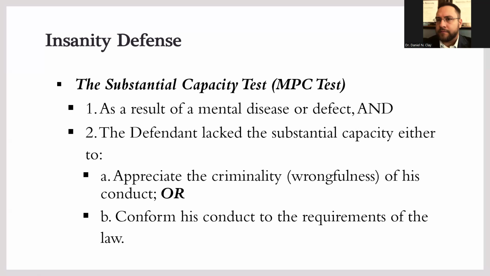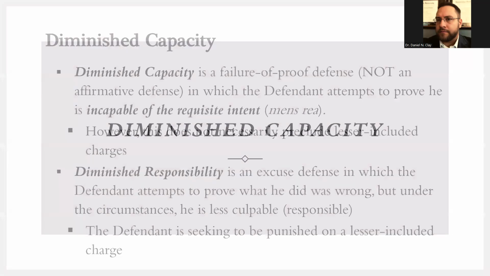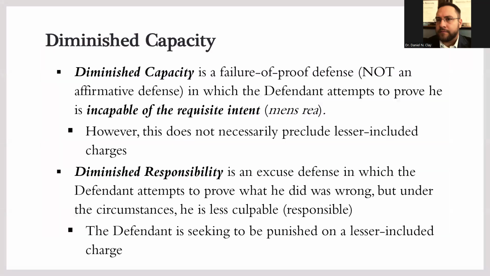Now, that being said, what if they can't meet the full test of insanity? Well, if you can't say that they're fully insane, you might be able to raise an imperfect defense of diminished capacity. So diminished capacity is a failure-proof defense. It's not an affirmative defense in which the defendant attempts to prove that he is incapable of the requisite intent, right?